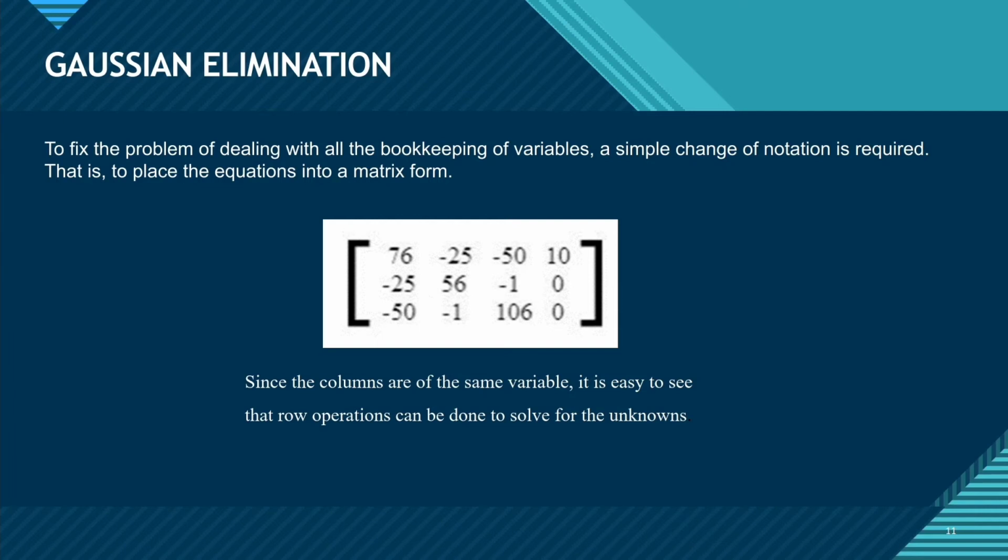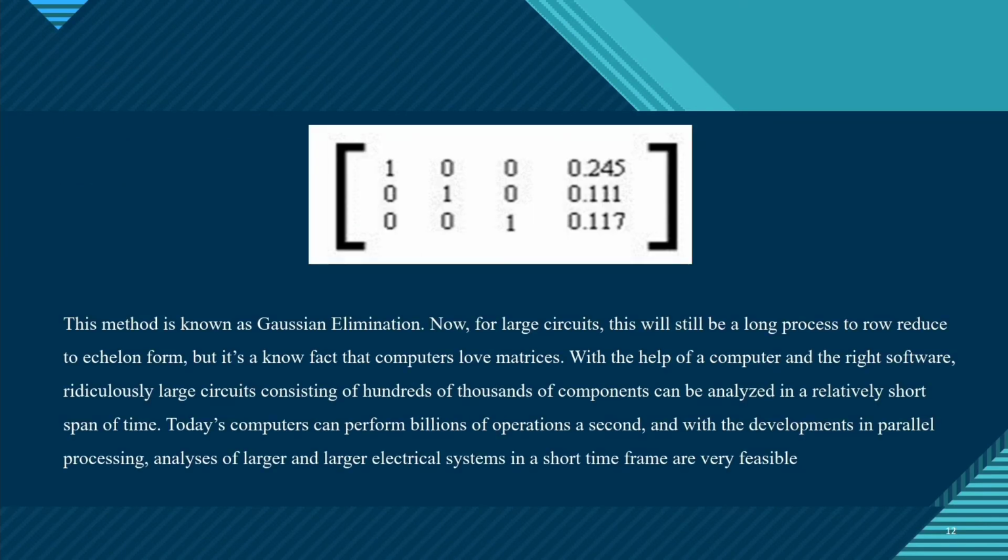Now, for the larger circuits, it will still be a long process to reduce to echelon form, but it is no secret that computers love matrices. With the help of a computer and the right software, ridiculously large circuits consisting of hundreds of thousands of components can be analyzed in a relatively short span of time.